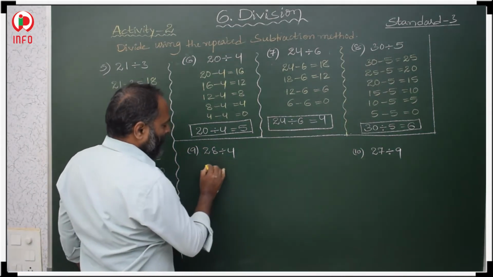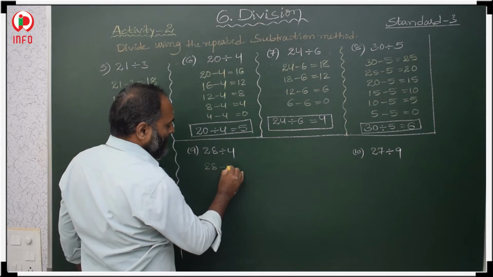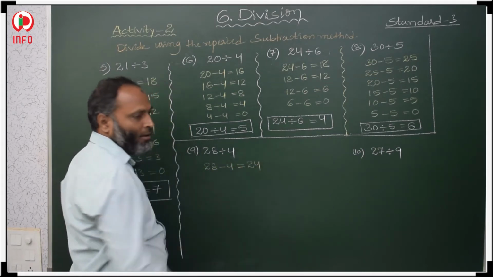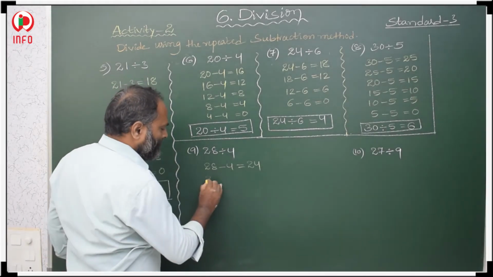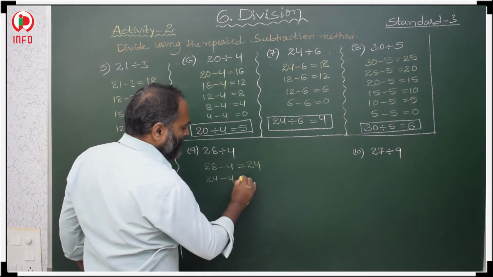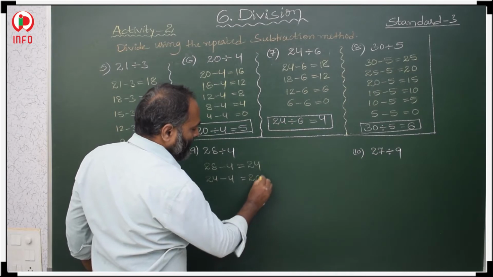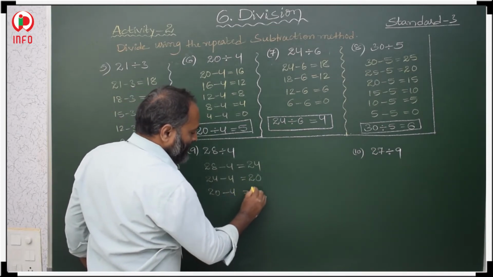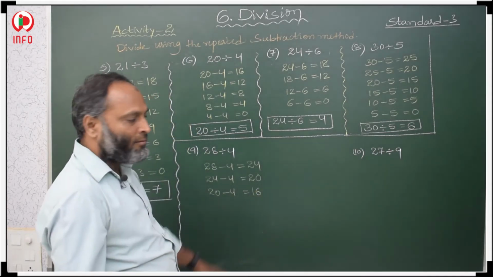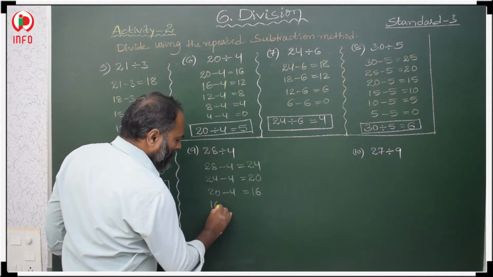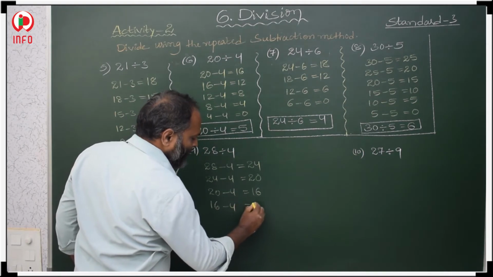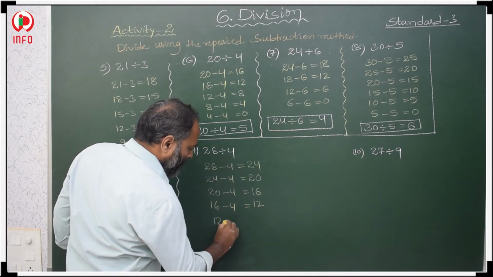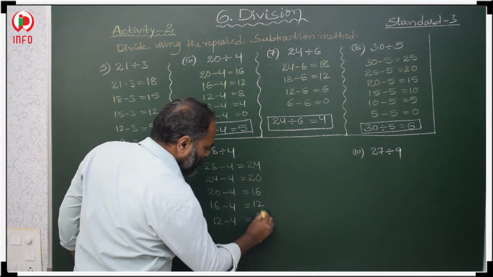Now, 28 divided by 4. Now, 28, this dividend minus divisor. 28 minus 4 is 24. Again, this remainder minus divisor. 24 minus 4, 20. Again, this remainder minus divisor, that is 16. Again, 16 minus divisor is 12. Remainder minus divisor is 8.